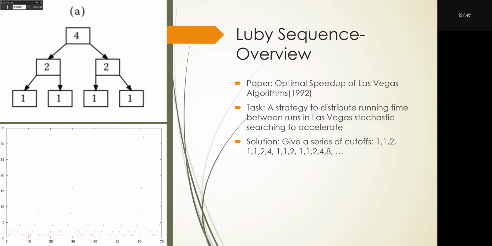You can find that it is similar to a binary tree where you can separate it into different segments. Each segment has a prefix of the following segments.